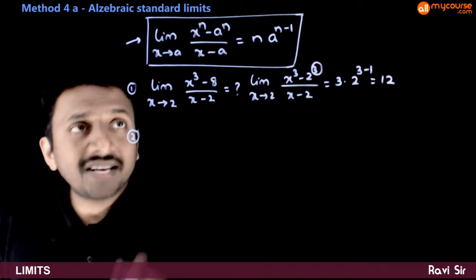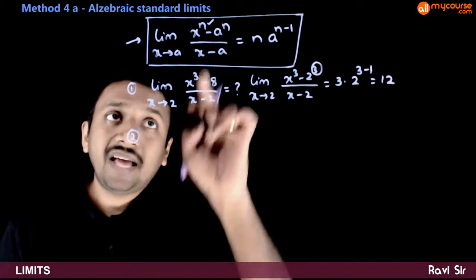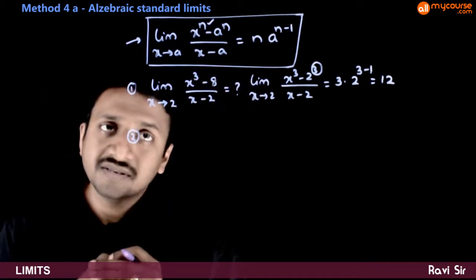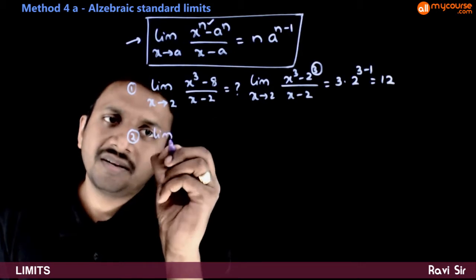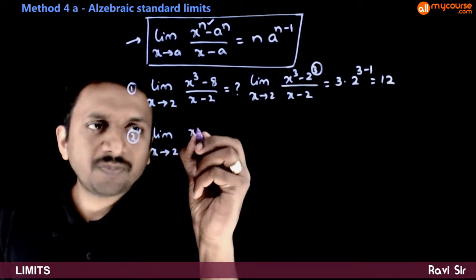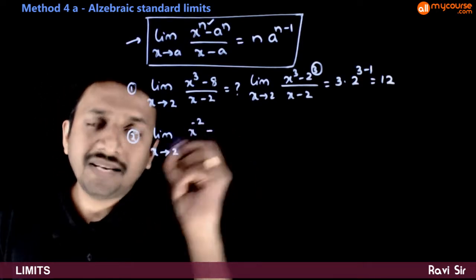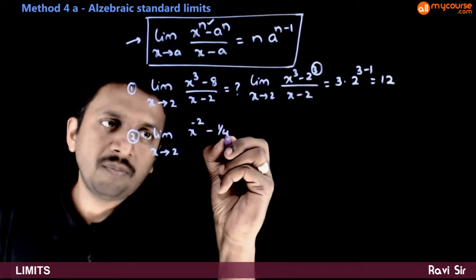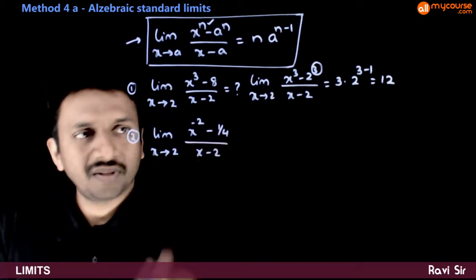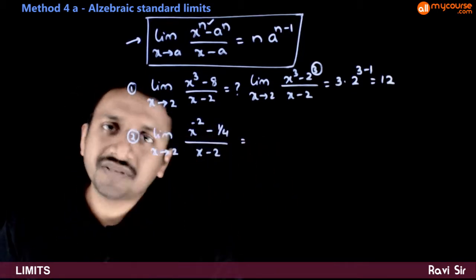it is not necessary that n has to be a natural number. n can also be a negative number. Even then, the formula works. So limit x tends to 2, (x power minus 2 minus 1 by 4) by (x minus 2). What is the value of this limit?